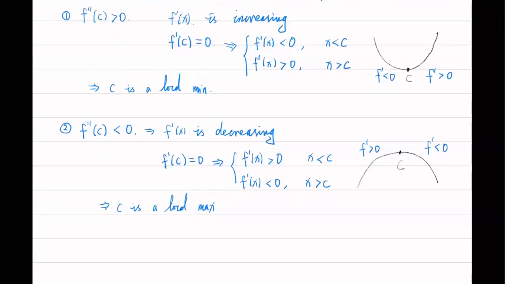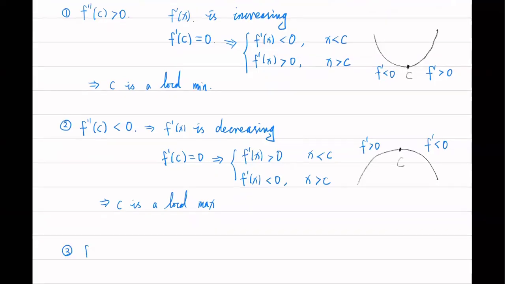Okay, the remaining case. What's the remaining case? We have positive, negative. What's the remaining case? Zero. We know that the first derivative is already zero. The second is also zero. This time, we cannot tell if it's a local maximum or local minimum.